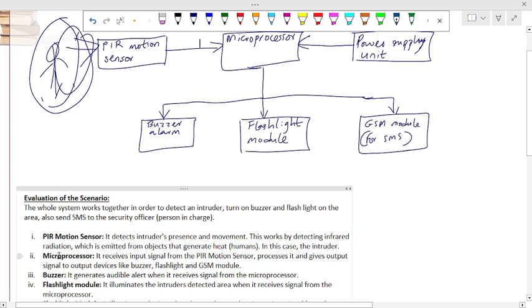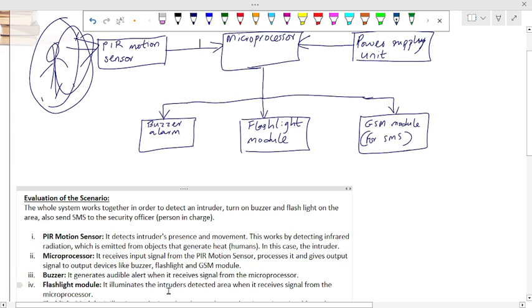So these are the components we have here, the evaluation of the scenario, which is all I've just explained. The motion sensor, I've talked about it. The microprocessor receives the input signal from the PIR motion sensor, processes it and gives output signals to output devices like the buzzer, flashlight, and GSM module. The buzzer generates an audible alert when it receives a signal from the microprocessor.